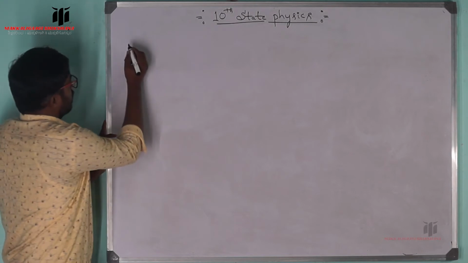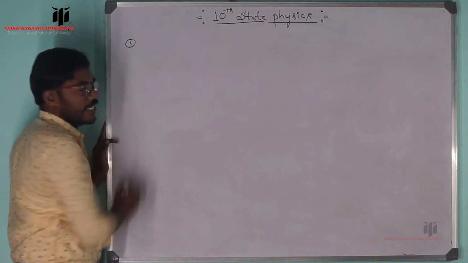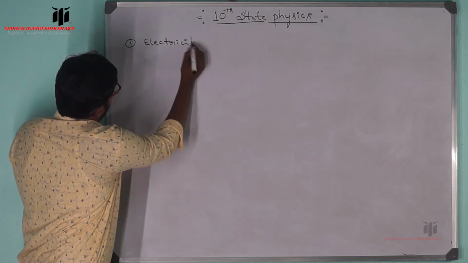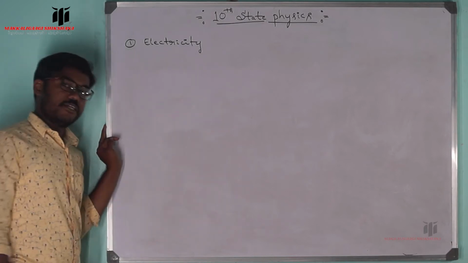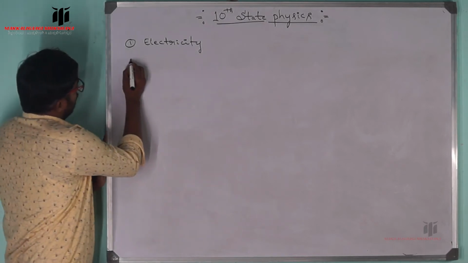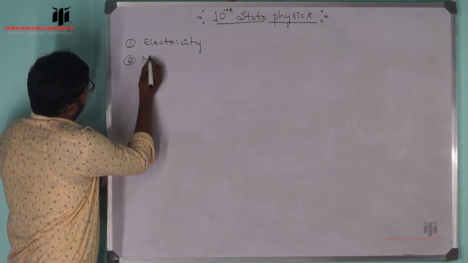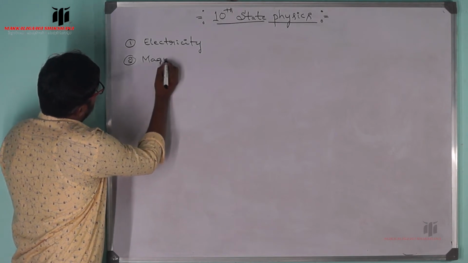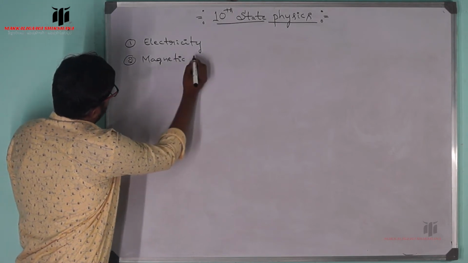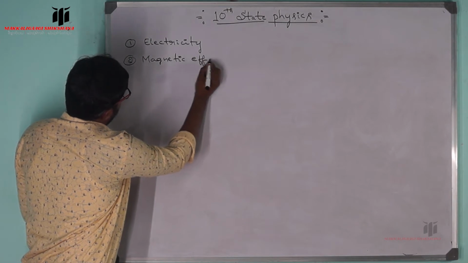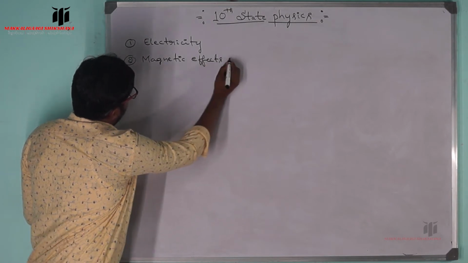So the first one is electricity. The second one is magnetic effects of electric current.